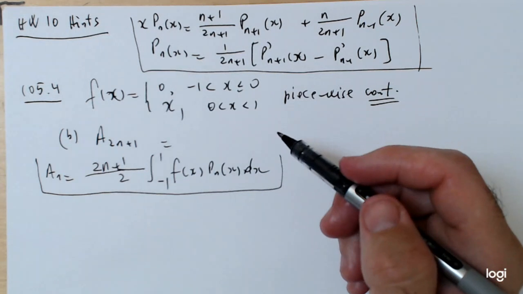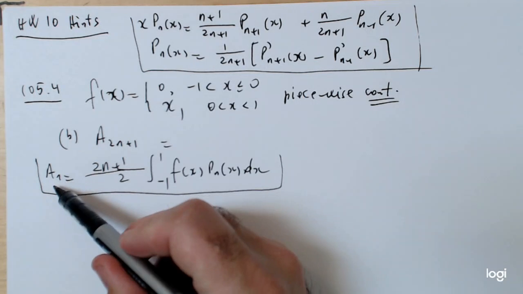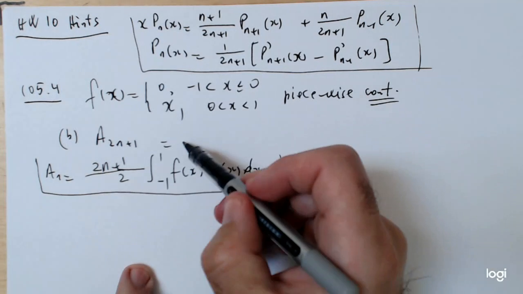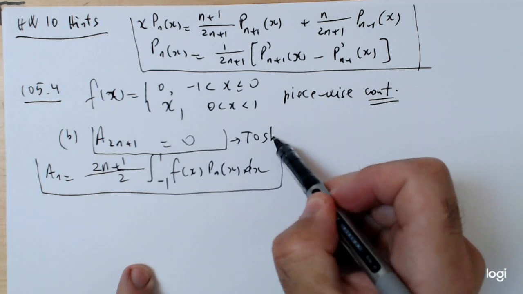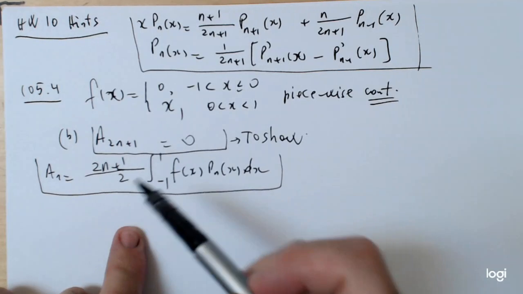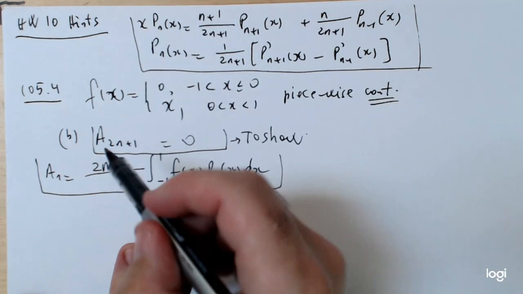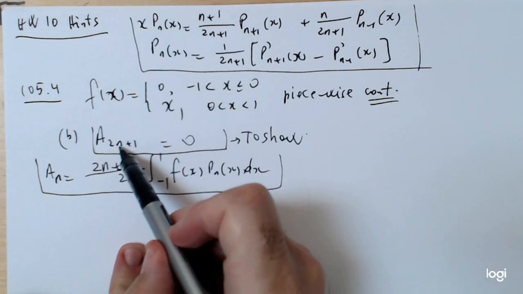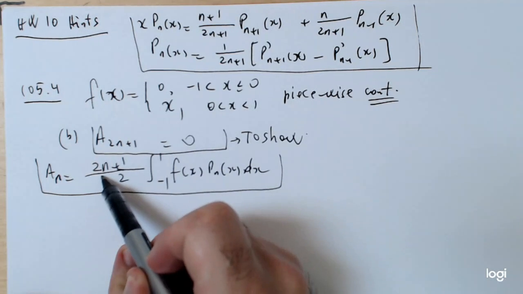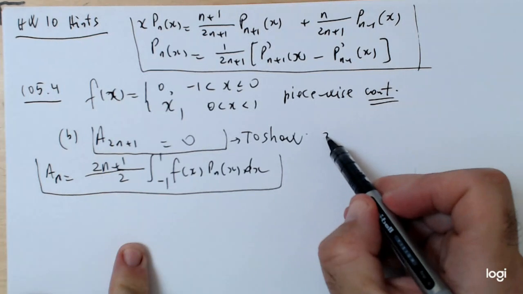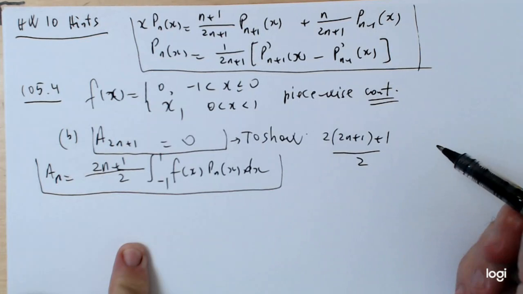Okay, so the question in this problem is to show that the odd coefficients for this are equal to 0. So you need to show this. What I want to point out is that if you have to show that this is equal to 0, you don't have to bother with these coefficients, because normally, if now the index is 2n plus 1, you'll have to replace n with 2n plus 1 over here.